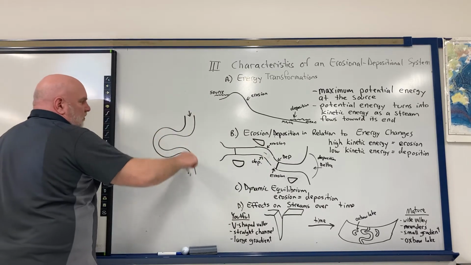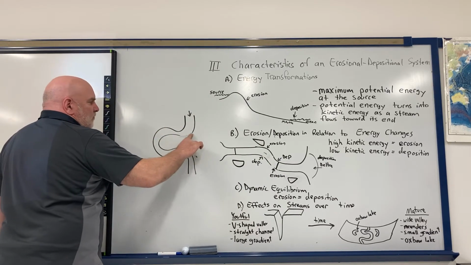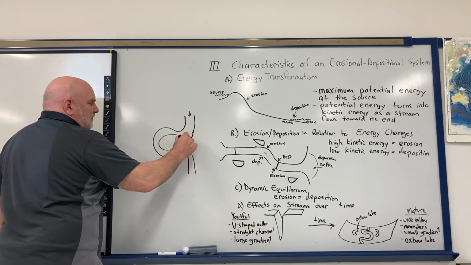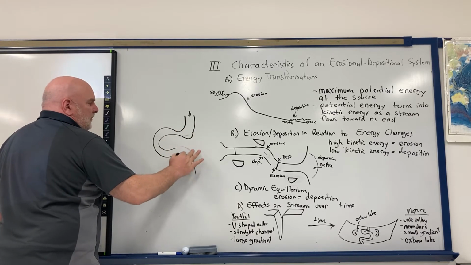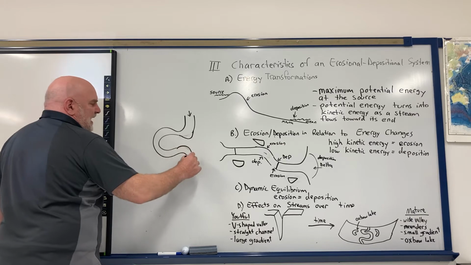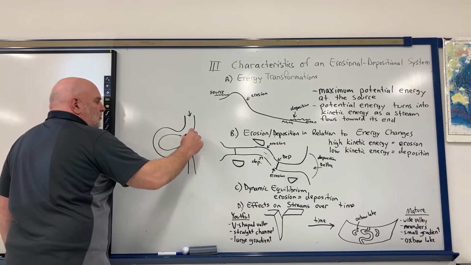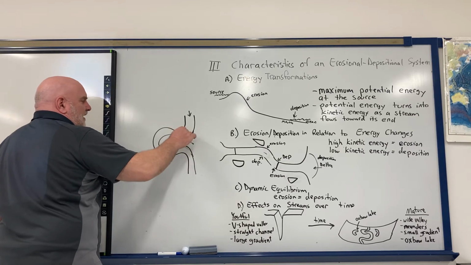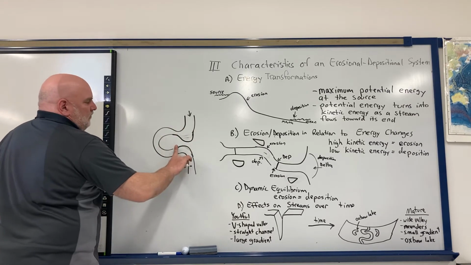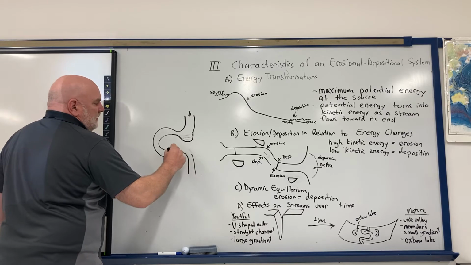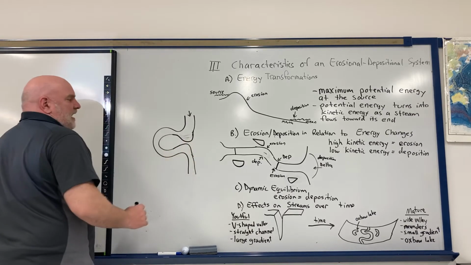So if the water's going like that, I'm going to have more erosion there, so it's going to eat back. And right there, I'm going to get a bunch of erosion, so it's going to eat back like that. Then as time goes by, more erosion is going to happen, and that'll eat back like that. And then more erosion yet, and that's going to eat back like that.